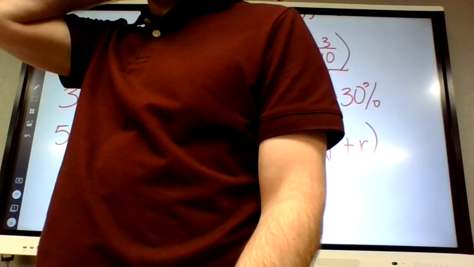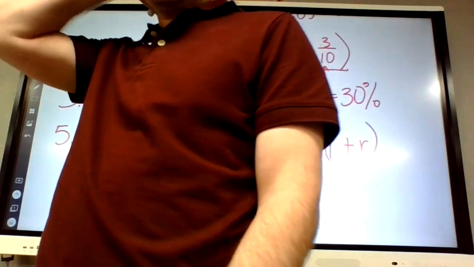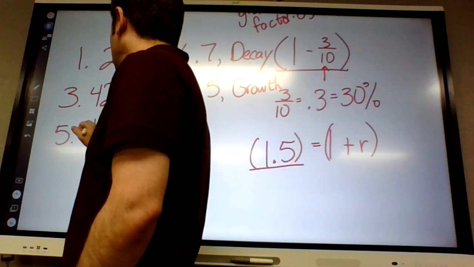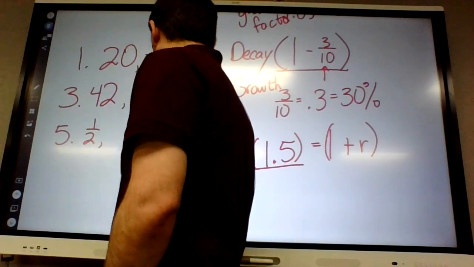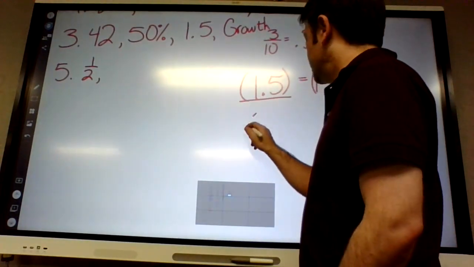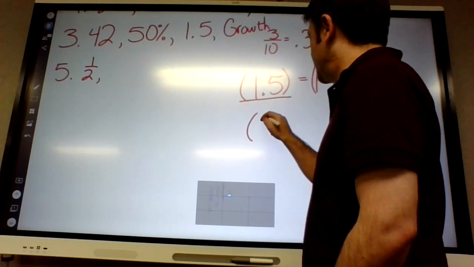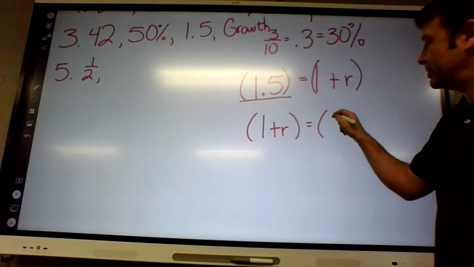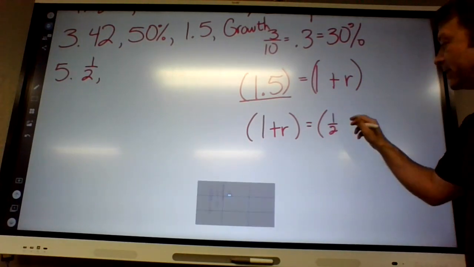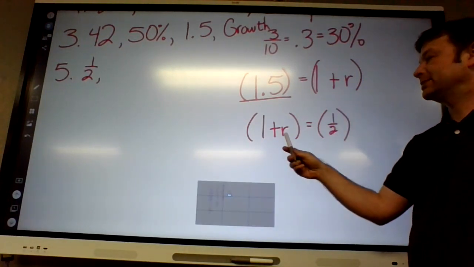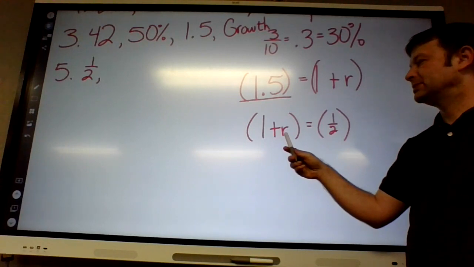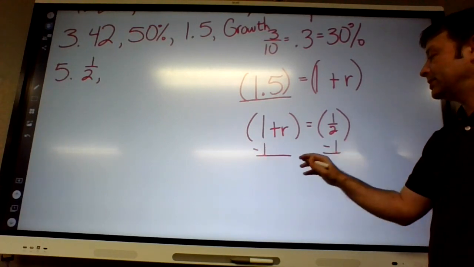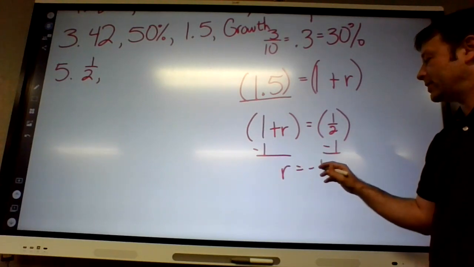Okay, number 5, H of T. So what's the initial amount? 1/2. Okay. So in the parentheses, 1 plus R, what must R have been to get the value of 1/2? Yeah, you could do this algebraically if you needed to, but negative 1/2.